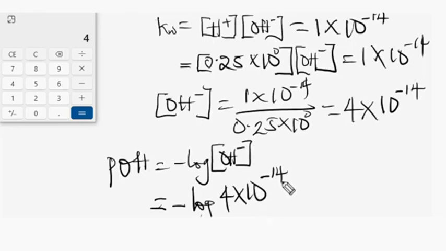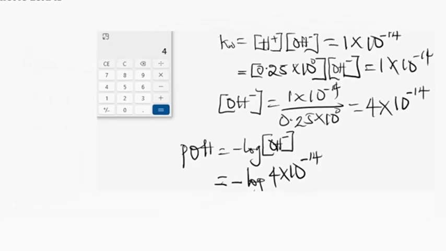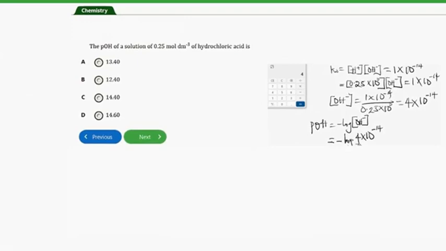You change this negative 14 above here to a positive 14. So you have 14, then subtract 1 from it, you have 13, then point. Since this is a 4, you just repeat 4 here, and that's 13.4. So guys, the pOH of this question is 13.4, and that's the answer to this question.